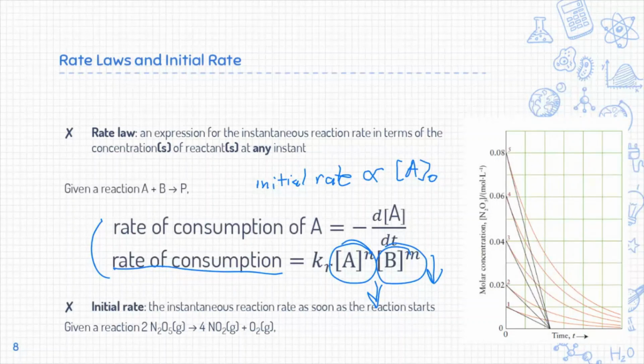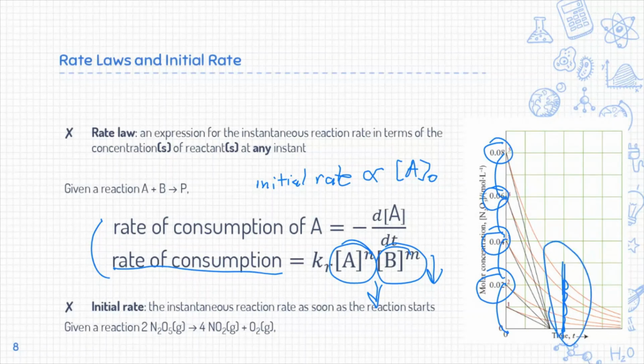So here, this shows the initial concentrations of 4 trials, and we can see that these are the same. But at a later time, these differences are vastly different, so it's hard to create a relationship with this. The initial rate is very meaningful here.